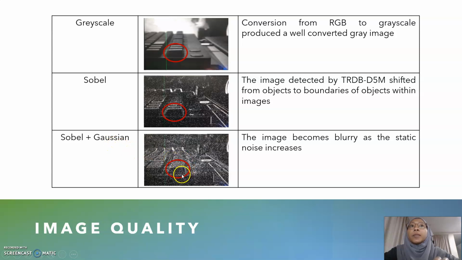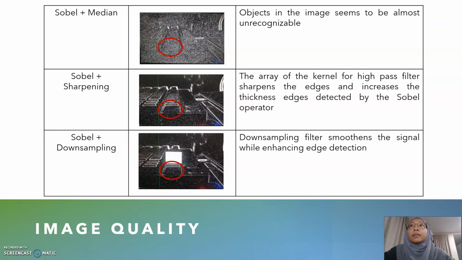You can see that the image becomes more blurry and the staticness increases. Next, we turn on Sobel and the median filter. As you can see from this picture, we cannot recognize the image itself. It's just like dots of black and white.